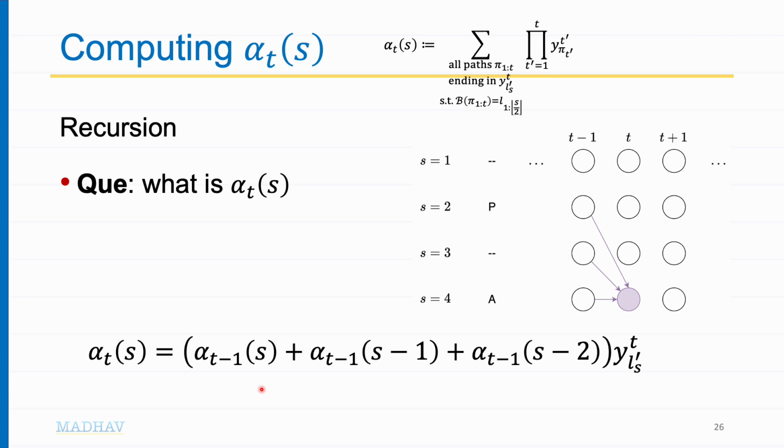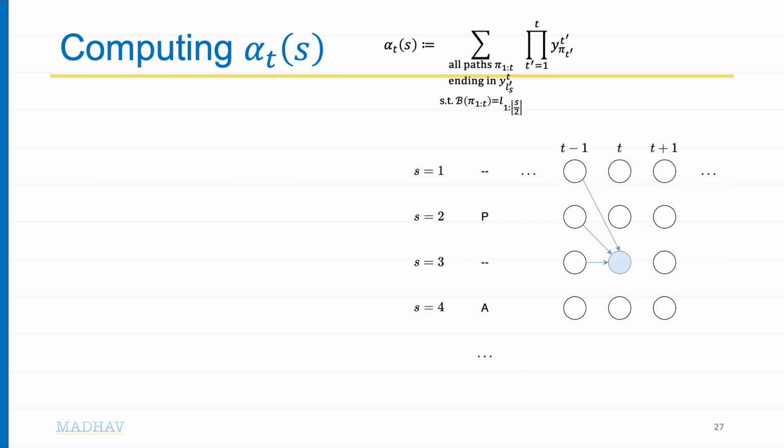So you got here alpha at t minus 1th layer at the sth node, like s is 4 in this case, sth node plus this path which is at s minus 1th node plus this path which is s minus 2th node. So you multiply this with y, right? You're multiplying y's along the path. So just take all those paths and they end up here and you multiply with y. That's it. Easy. Very good. I'm coming there. You are one step ahead. Good. Okay. Recursion.